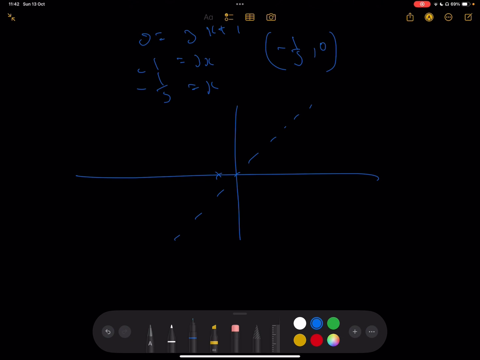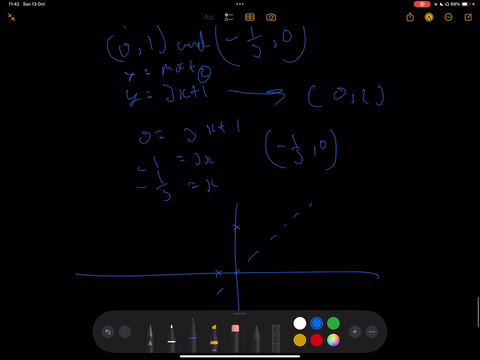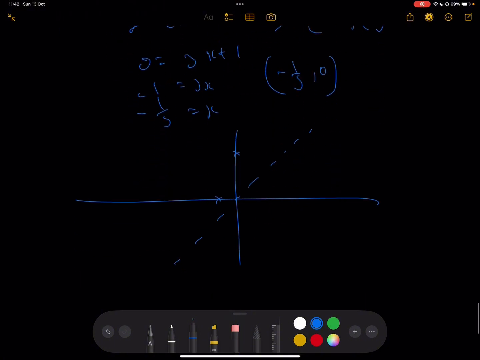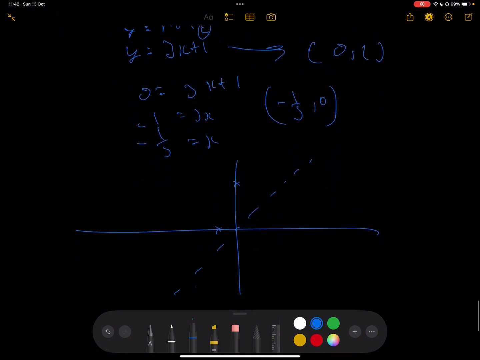So we can just write that all the way up here to say this is 1. So the gradient is 3. So we can draw it like so. It's a bit messed up, wait. Alright, there we go. Yours should be much straighter than mine if you're using a ruler and everything.